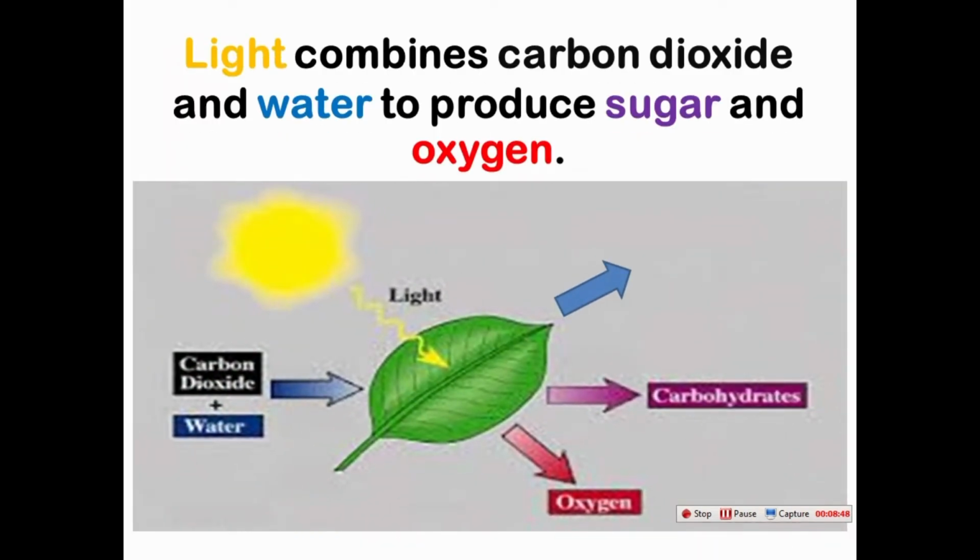The light combines carbon dioxide and water to produce sugar and oxygen. So this light is captured by the chlorophyll in the leaves, then combines the water and the carbon dioxide in the leaves in order to produce sugar or carbohydrates plus the oxygen.